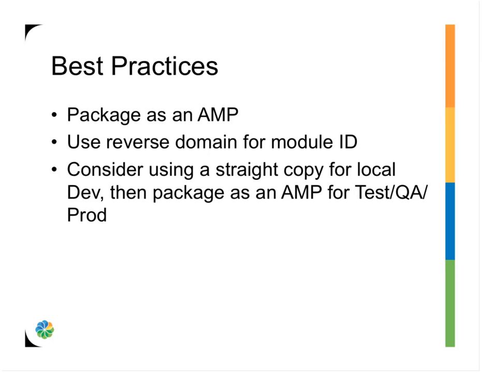Also, to address the concern I had a few slides ago about slow dev cycles, you might think about having a build that uses straight copies for your local dev, and then when you're ready for test, QA and prod, you can package as an AMP, and then obviously that needs to be tested on your machine prior to moving on. So it's probably a good idea to have a build that does both.